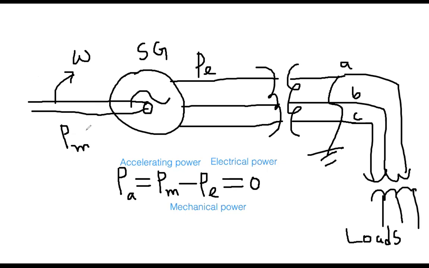I am assuming that mechanical power Pm is constant, and that there is no loss in the system. Of course, there is frictional loss, windage loss, resistance loss, but at this point, ideal condition, I am assuming there is no loss. Consequently, the electrical power is equal to the mechanical power, so that difference is zero. That is the ideal condition.